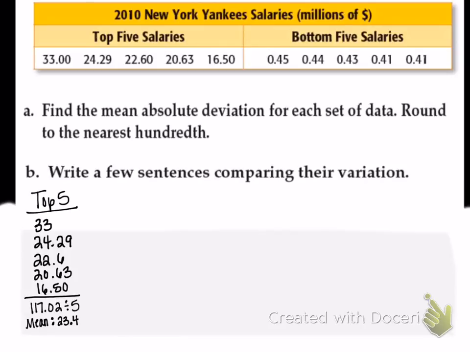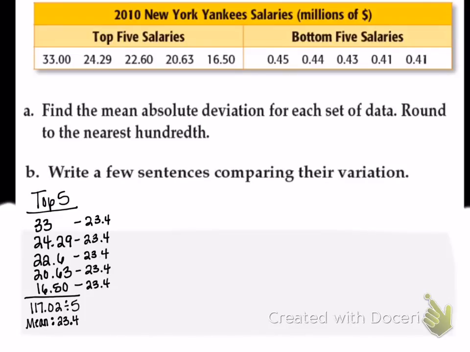So we're going to take all of our data points and subtract the mean from it. So 33 minus 23.4, 24.29 minus 23.4, 22.6 minus 23.4, 20.63 minus 23.4, as well as 16.5 minus 23.4.